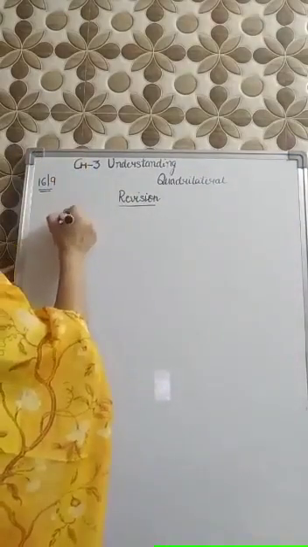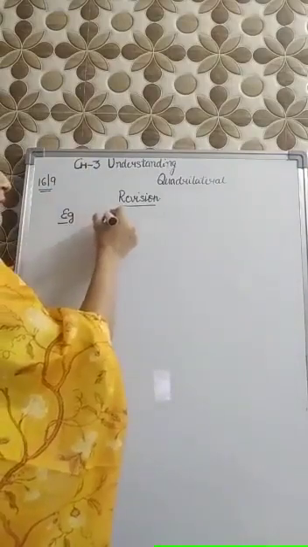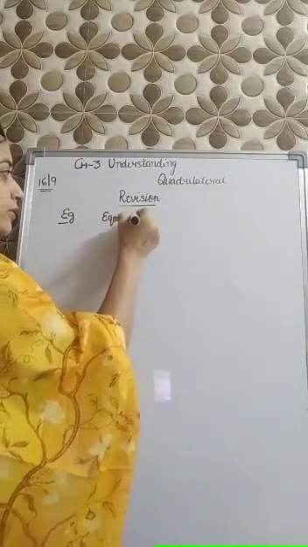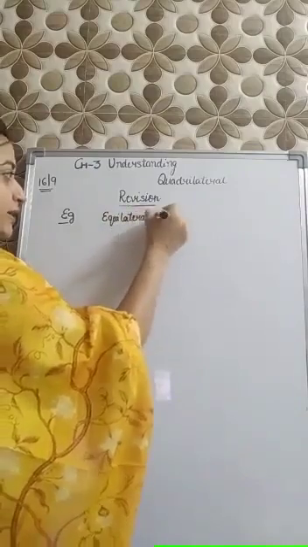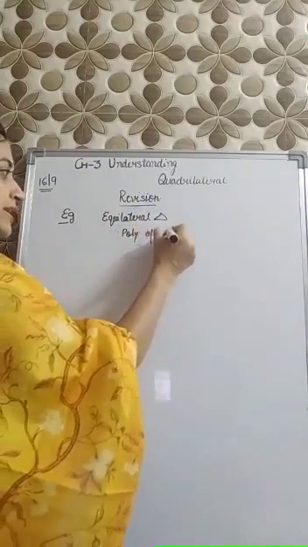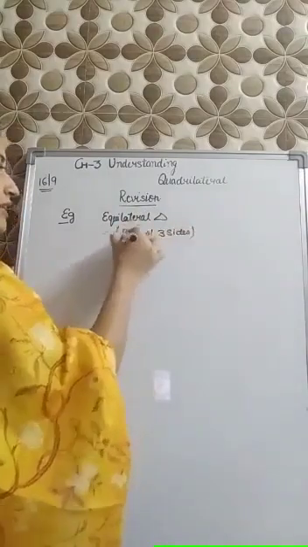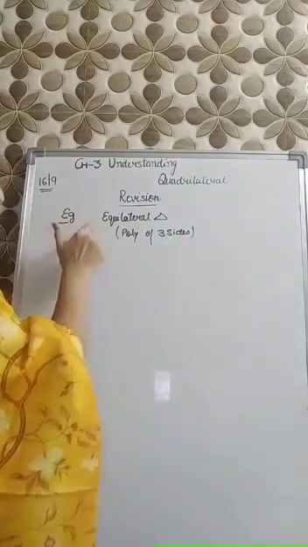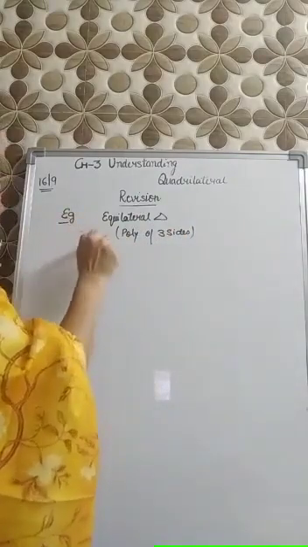Now let's have one more example. Suppose I am talking about an equilateral triangle, that is a polygon of 3 sides. It is a regular polygon with the minimum number of 3 sides.